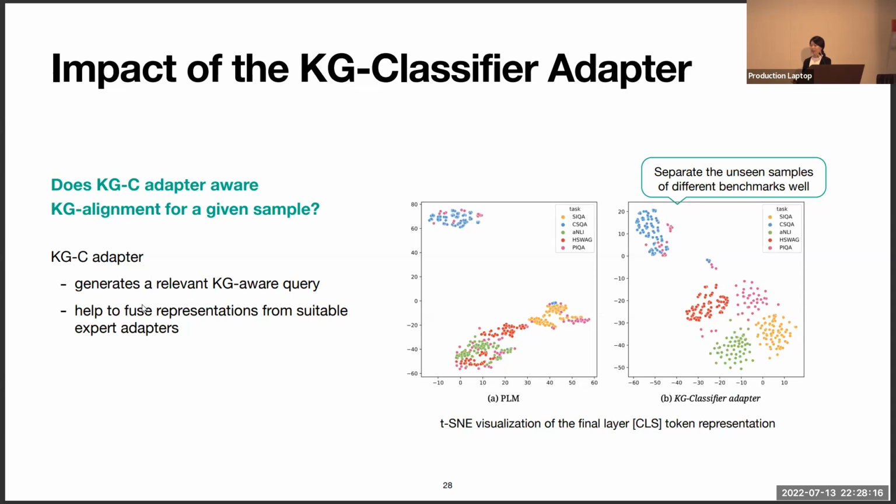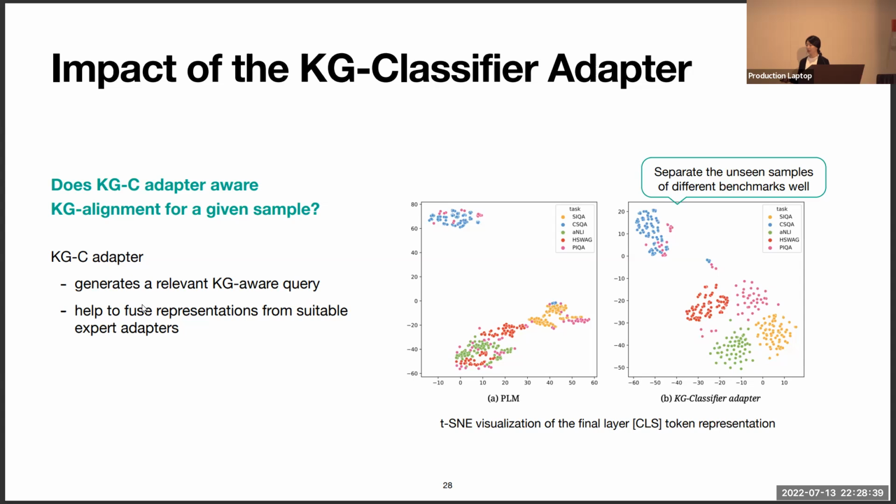So we did analysis for the impact of the KG classifier adapter. First, to figure out whether the KG classifier adapter is aware of KG alignment for a given sample, we compared the t-SNE visualization of the pre-trained language model and the KG classifier adapter.